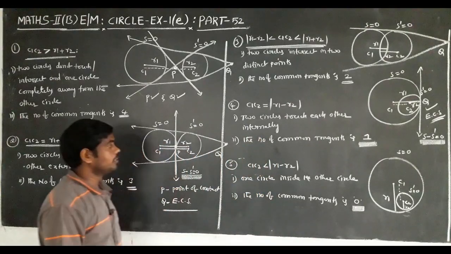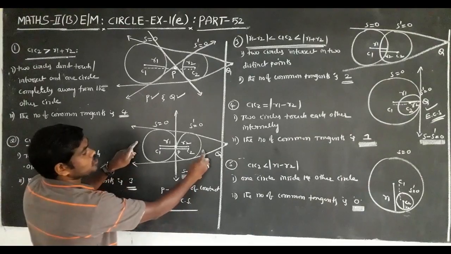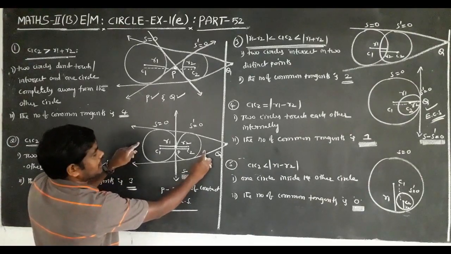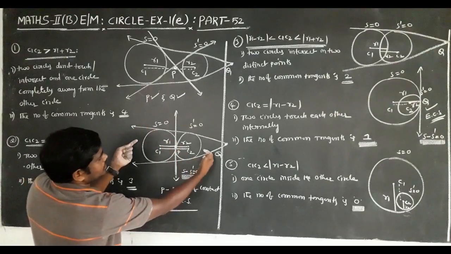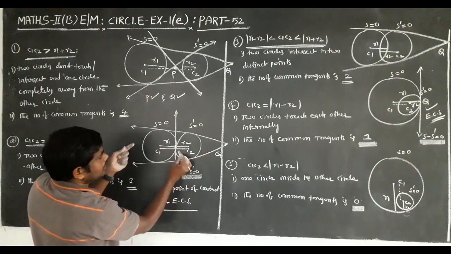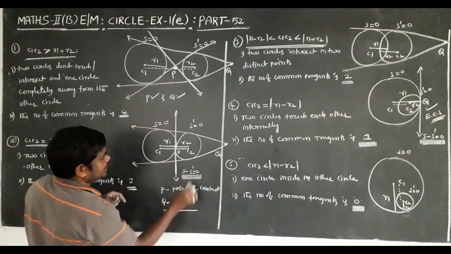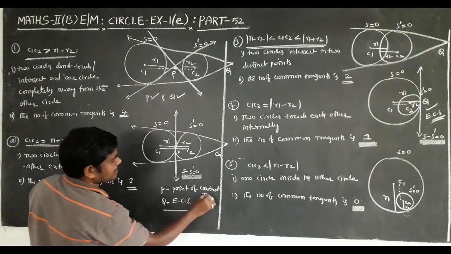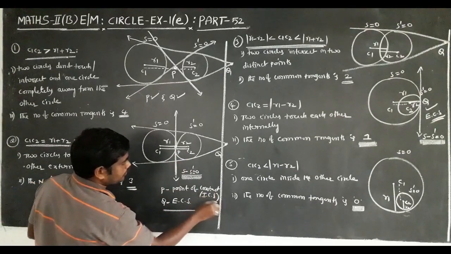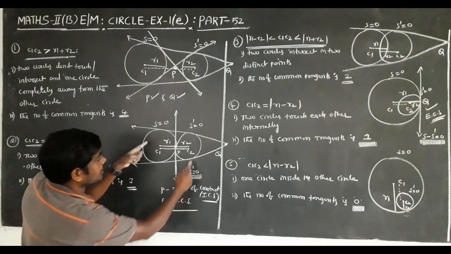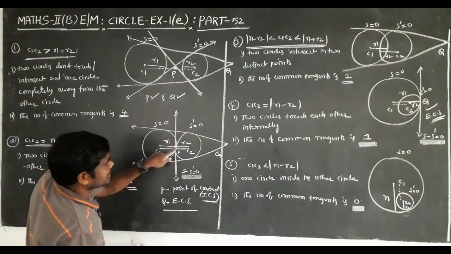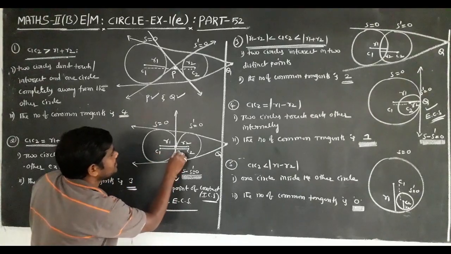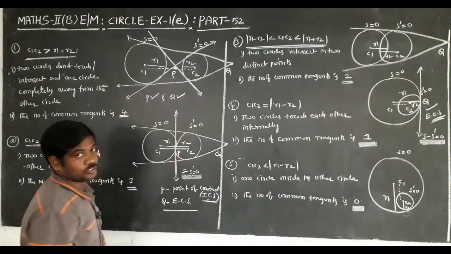Observe here one note. If the two circles touch each other externally, the point of contact is the internal center of similitude.